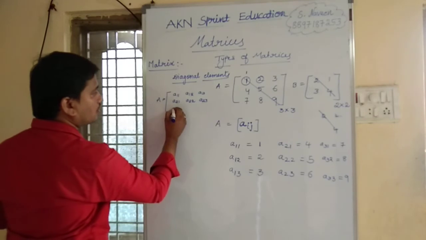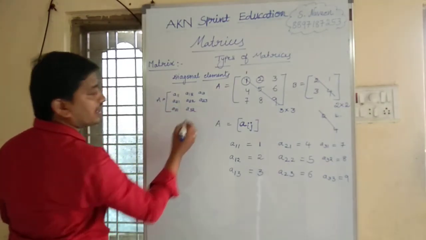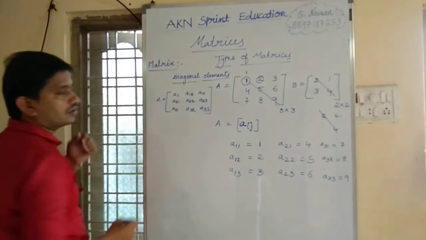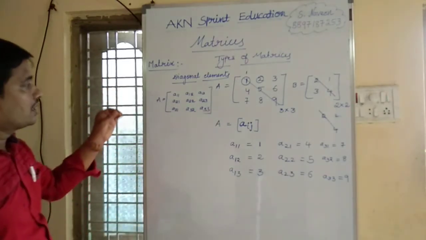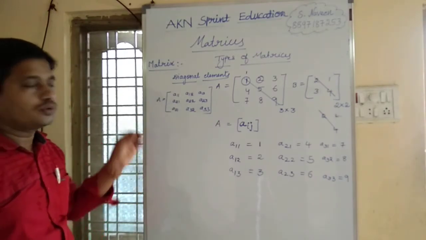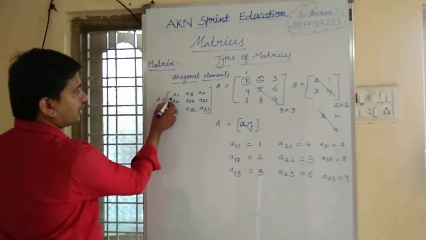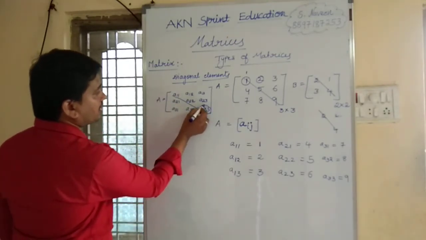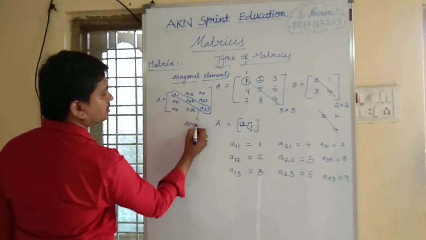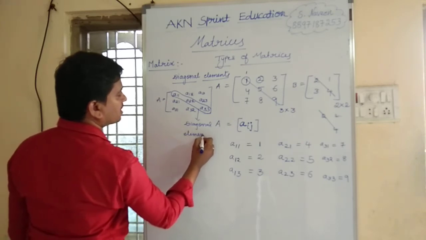Now third row, first element; third row, second element; and third row, third element. So a matrix can be represented in compact form as A11, A12, A13 and so on. A11, A22, A33 are called diagonal elements.